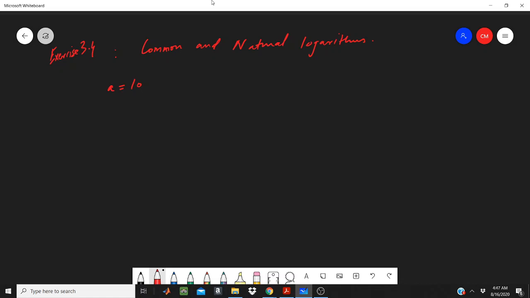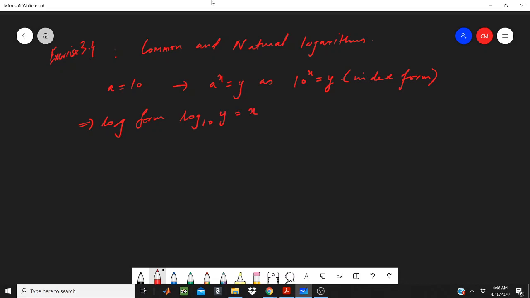Then we can write the equation a^x = y as 10^x = y, and this is once again index form, power form. We can write this into log form as log base 10 of y equals x.